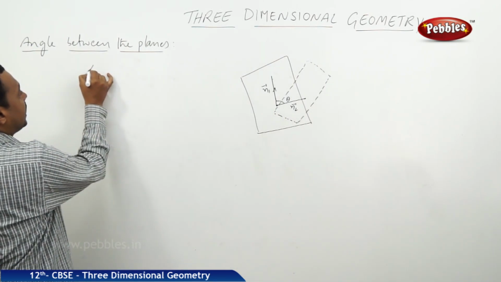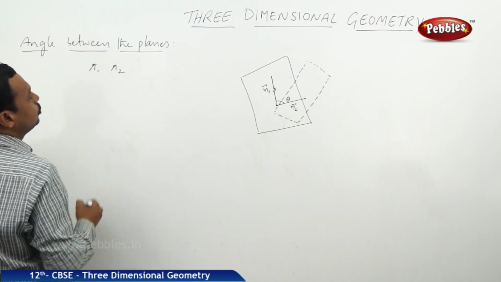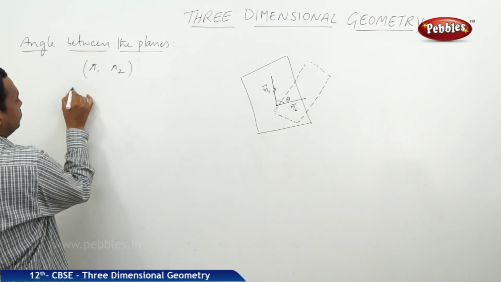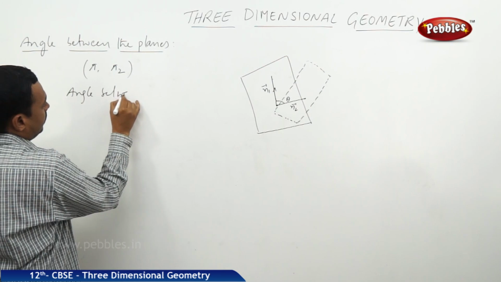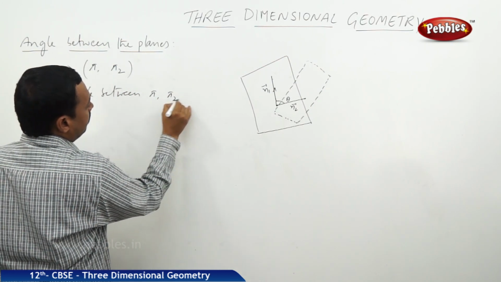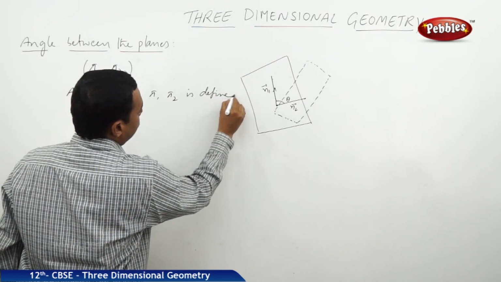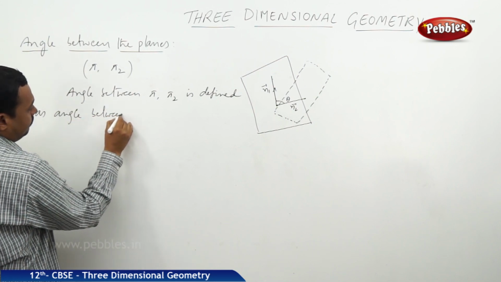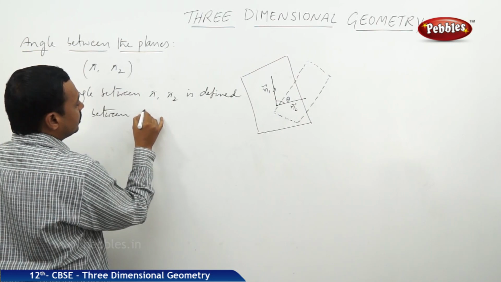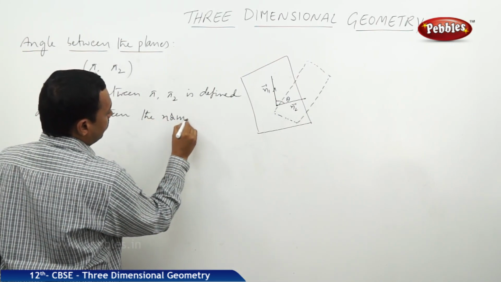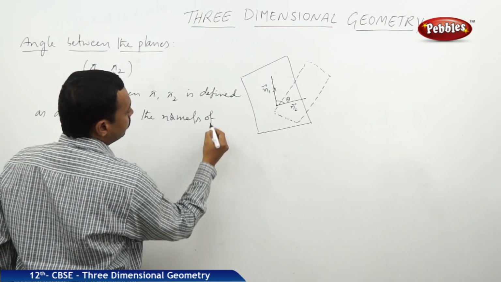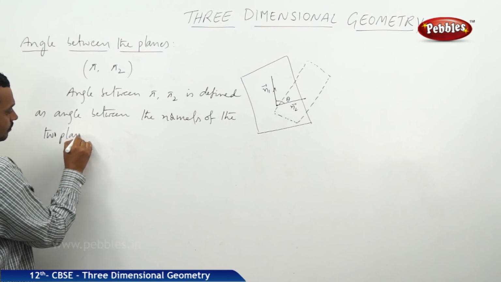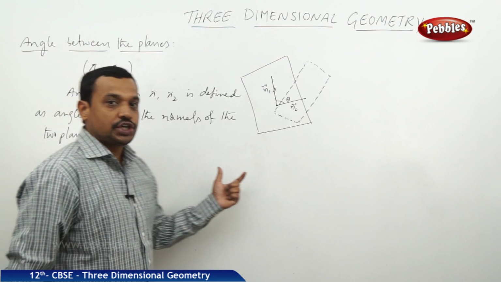So suppose pi 1, pi 2 are two planes; the angle between pi 1 and pi 2 is defined as the angle between the normals of the two planes. So this is the definition.